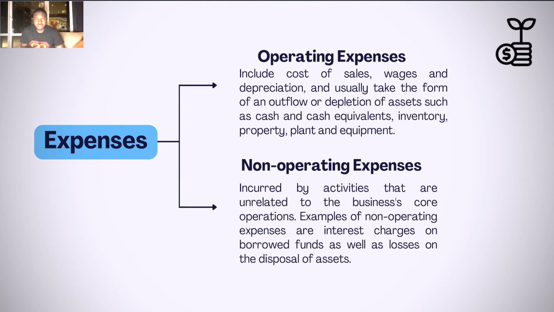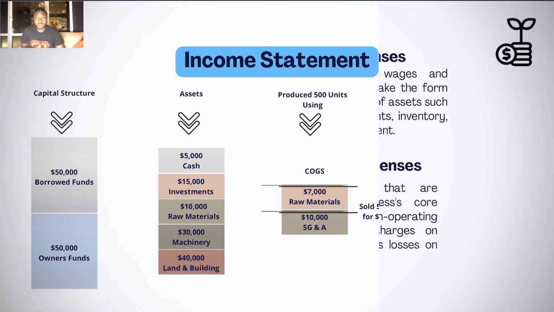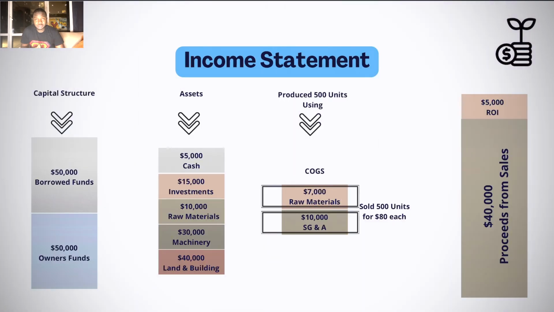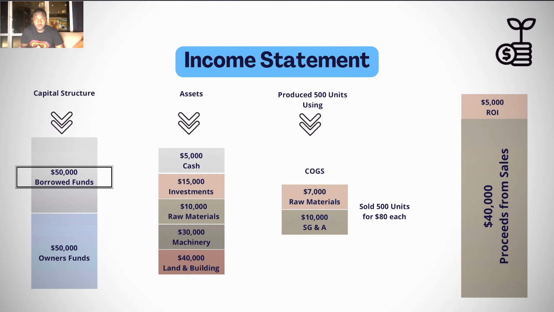Examples of non-operating expenses are interest charges on borrowed funds as well as losses on the disposal of assets. In our hypothetical company example, the cost of goods sold of $17,000 is an example of operating expenses. On the other hand, the interest charge on $50,000 of borrowed funds for that accounting period is regarded as a non-operational expense.